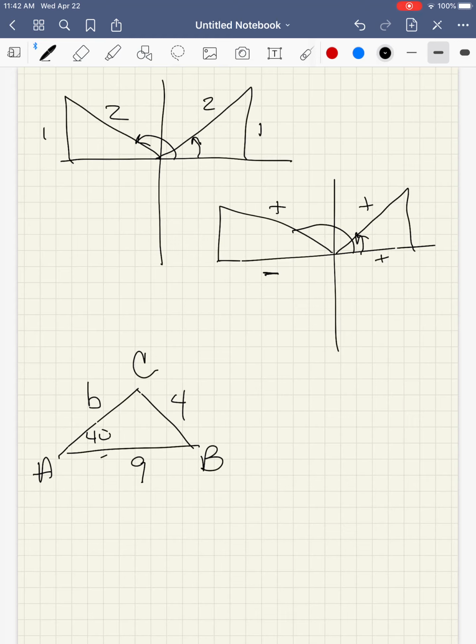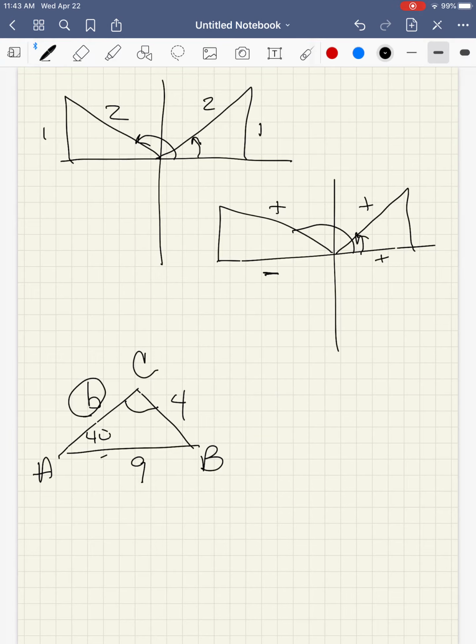And that would give us angle C. We'd know whether it's obtuse or acute. So let's go ahead and do that. So it would be 9 squared. Oh, we can't use it because I can't find angle C if I don't know the other side. So we can't use law of cosines.